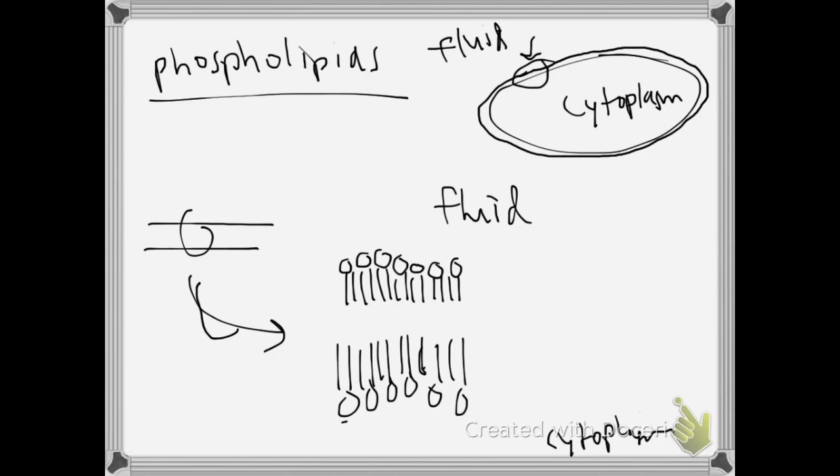Right here. And there. And then these polar heads are facing the water. So those are phospholipids. They make up all these different bilayers, they make up all these different membranes. So the cell membrane, they make up the nuclear membrane, they make up the mitochondrial membrane.